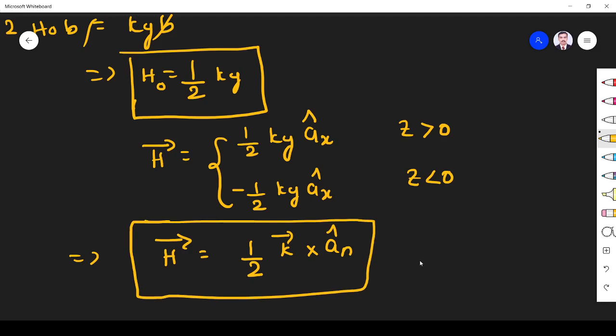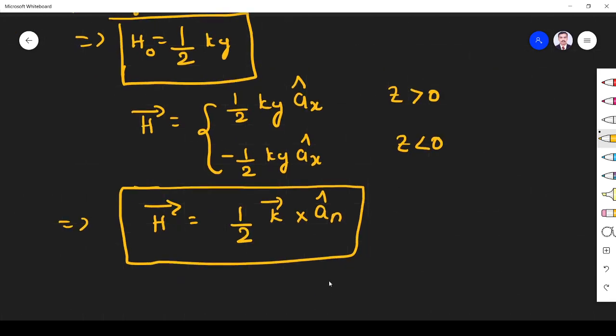Why? How can I write like this? See, if your sheet is kept like this, an cap will be positive above the sheet. That's what your an cap is. Below the sheet, it will go like this, so it will be minus an cap or minus ax, right? So that's what together I have written as this one.